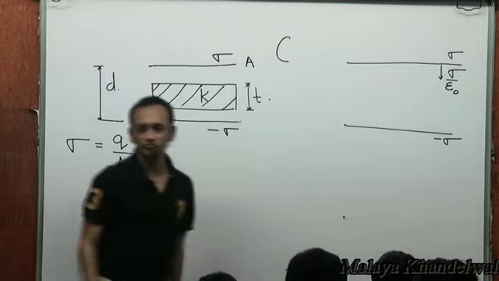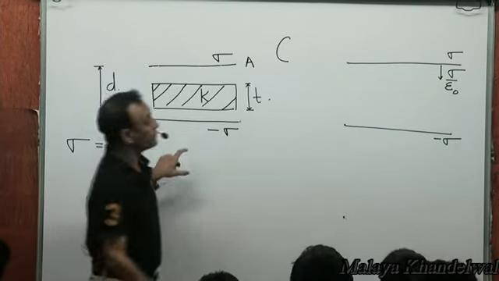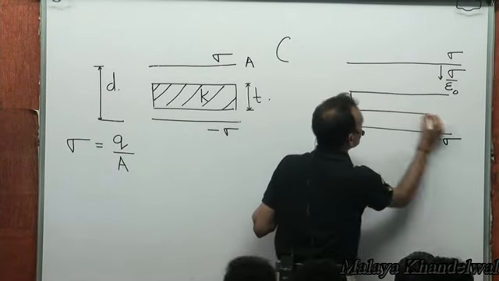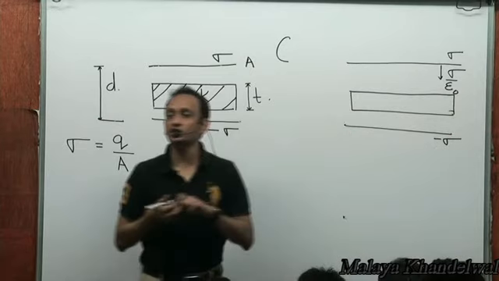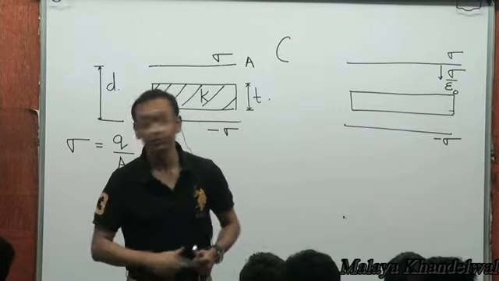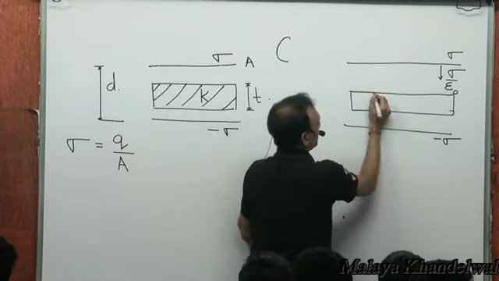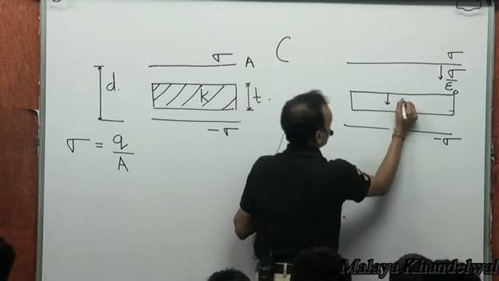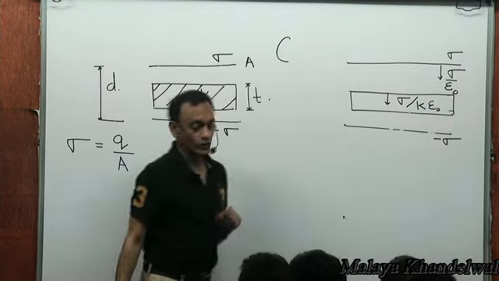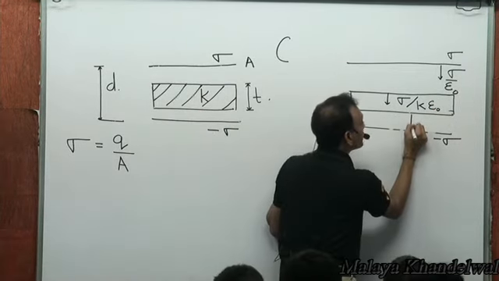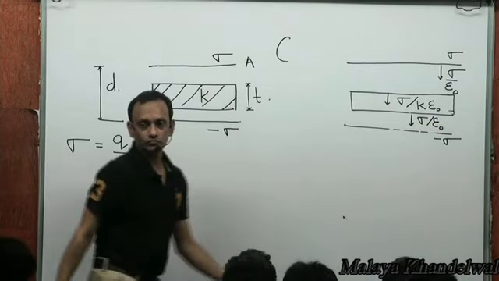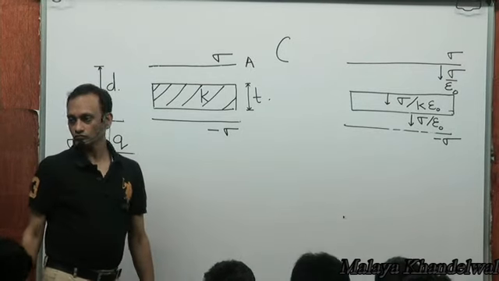When these electric lines of force enter the dielectric, they will get weakened by a factor K. That means now the electric field in the dielectric becomes sigma by K epsilon naught. Once they emerge from the dielectric, they are restored back to sigma by epsilon naught.